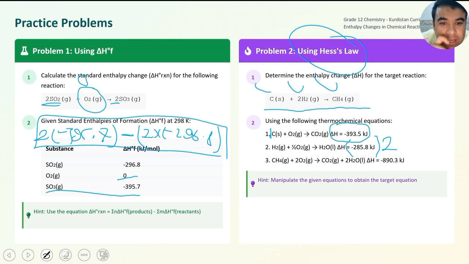Yes. In the main equation methane is in the product, but in the third step methane is in the reactant. 1 mole, 1 mole. So we should be reversing that. When you reverse it, it's negative, it becomes positive. And then add the enthalpies, which results in the enthalpy of the above equation, guys.